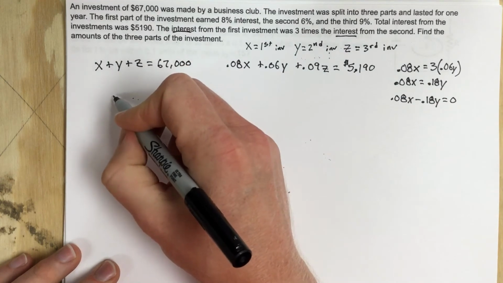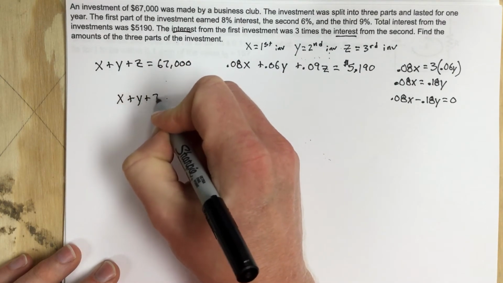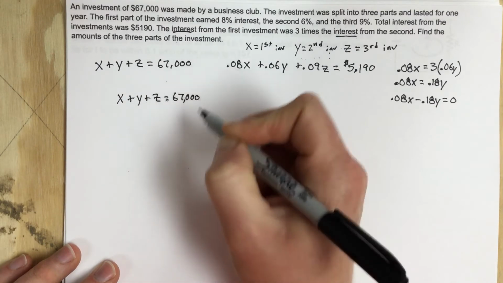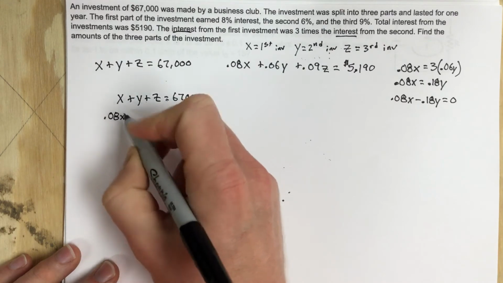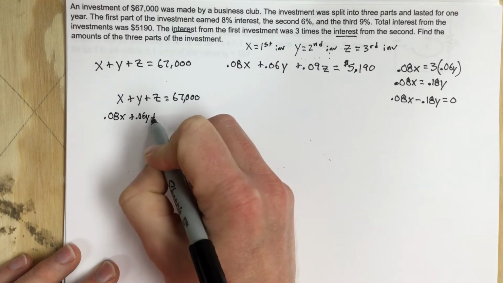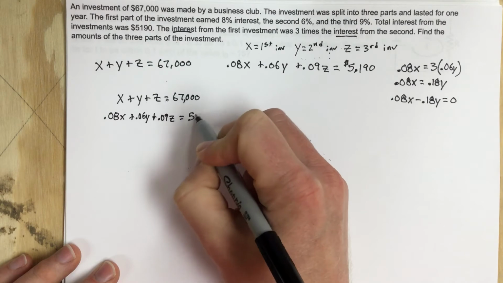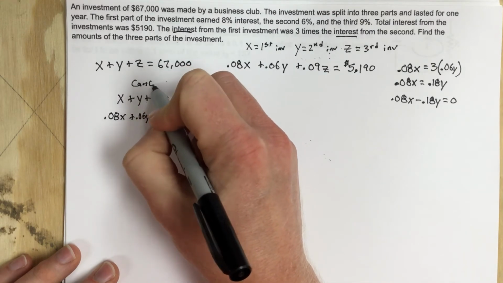So I'm going to say x plus y plus z equals 67,000. And underneath it, I'm going to put 0.08x plus 0.06y plus 0.09z equals 5,190. And I'm going to cancel z.